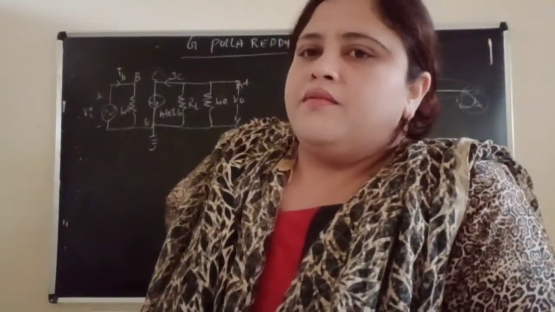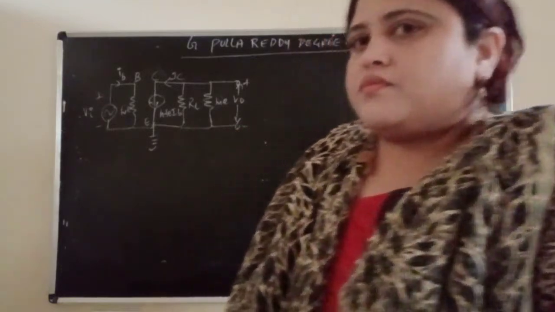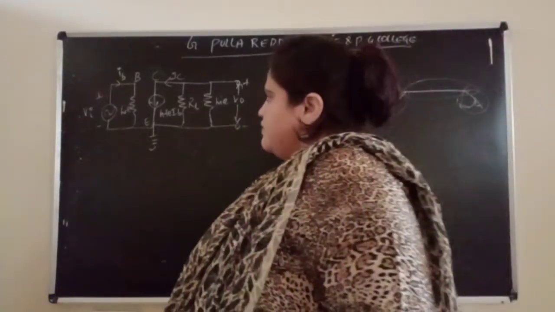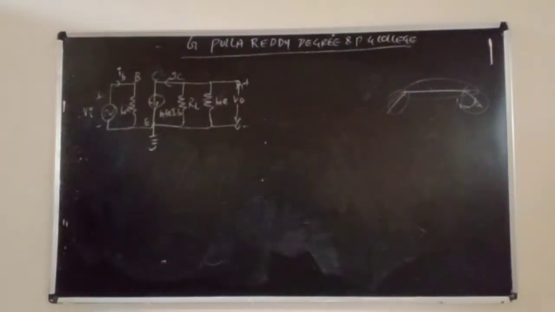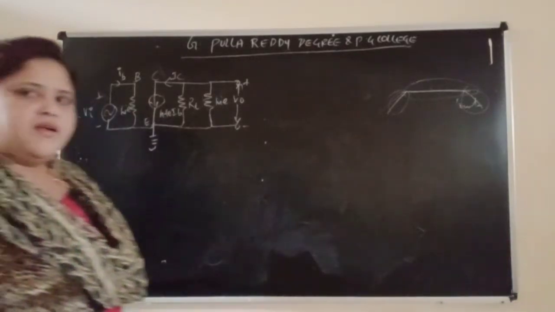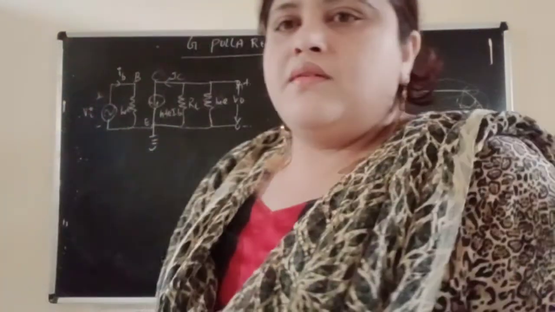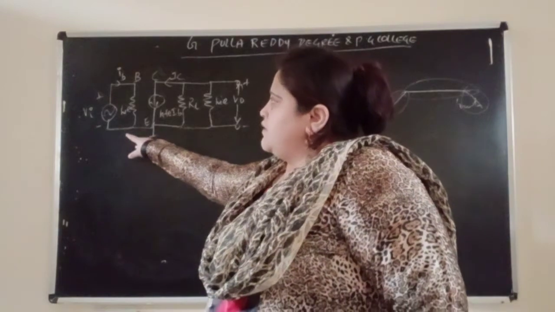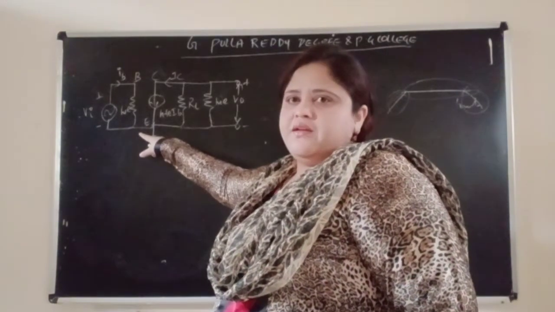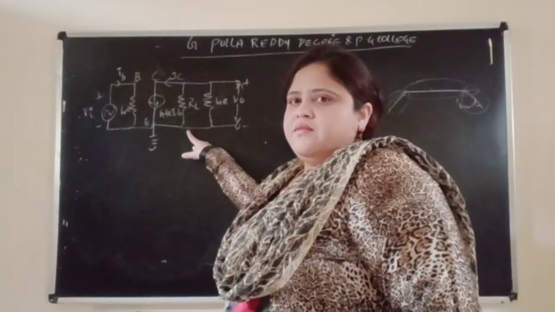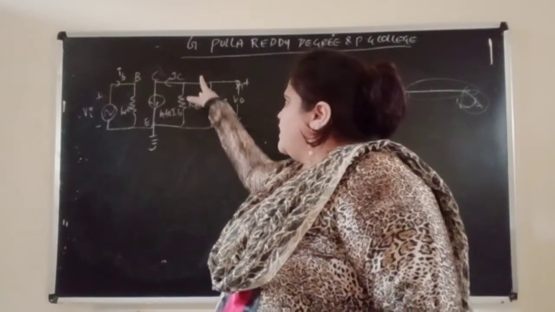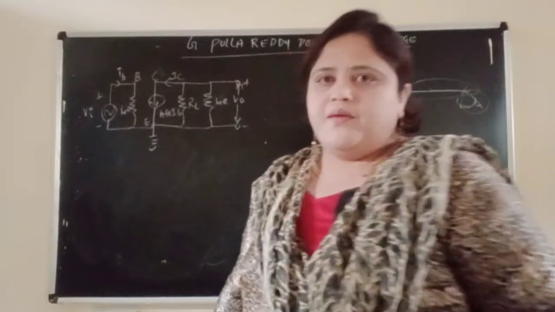Is this diagram clear? You can see the diagram now: AC input, hie, hfe IB, RL, then hie, where the second stage starts.